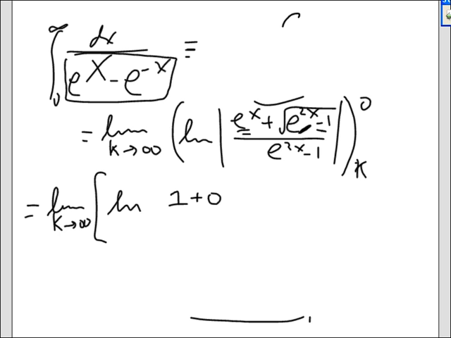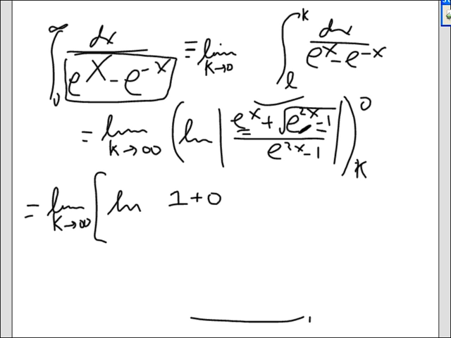It's the integral from, say, L to K of dx over e to the x minus e to the minus x, and we are going to take the limit as k goes to infinity and the limit as L goes to 0 from above.